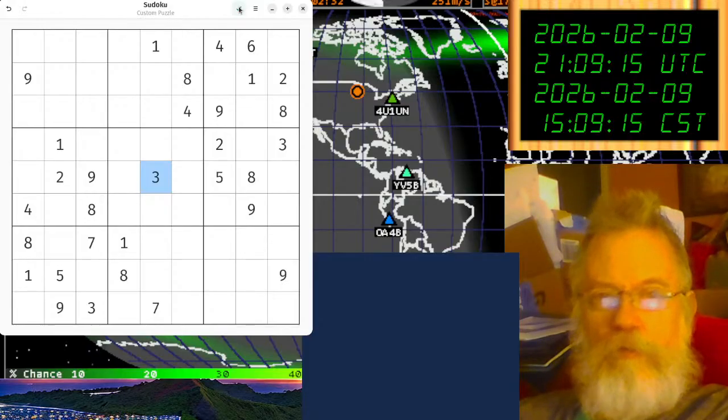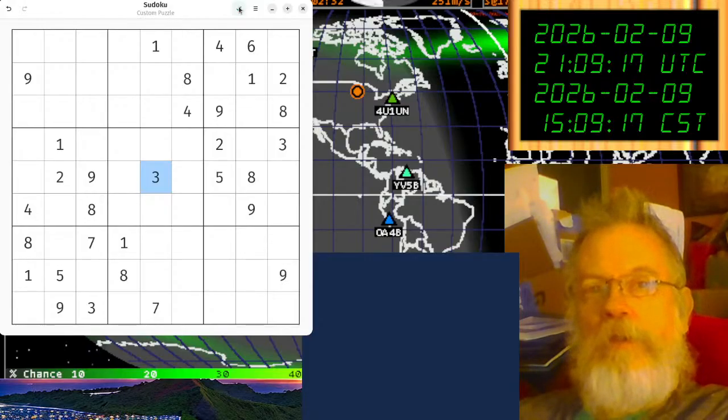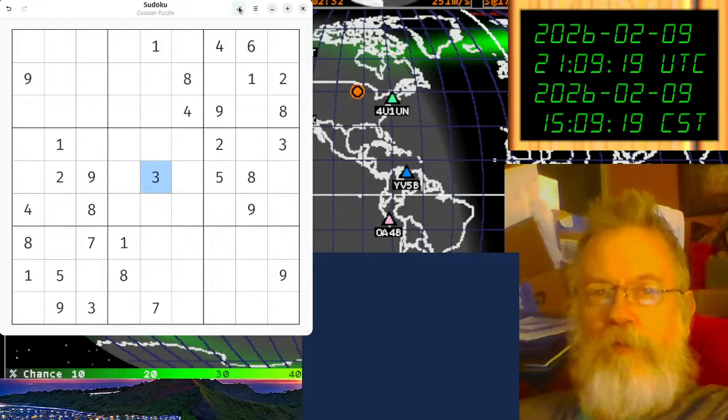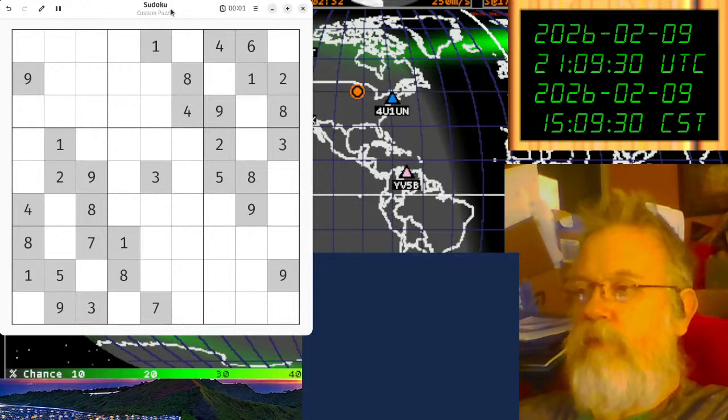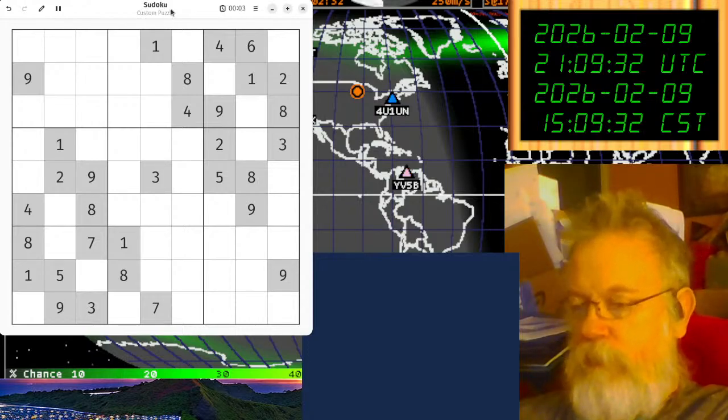Rubbing alcohol will work as well. Basically, it breaks down the structure of the ink on the surface. All right, here we go. And that validates, so we get 20 seconds here.